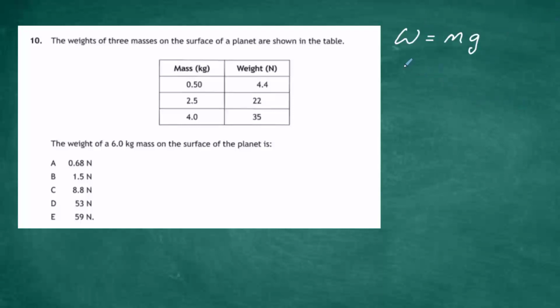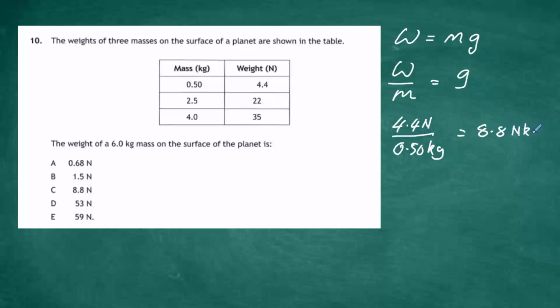So we can rearrange that to have the weight divided by the mass equal to the gravitational field strength. So we take our first entry in the table. The weight will be 4.4 newtons, and we'll divide that by 0.5 kilograms, and we end up with an answer of 8.8 newtons per kilogram. So that's just got the gravitational field strength based on that first result.